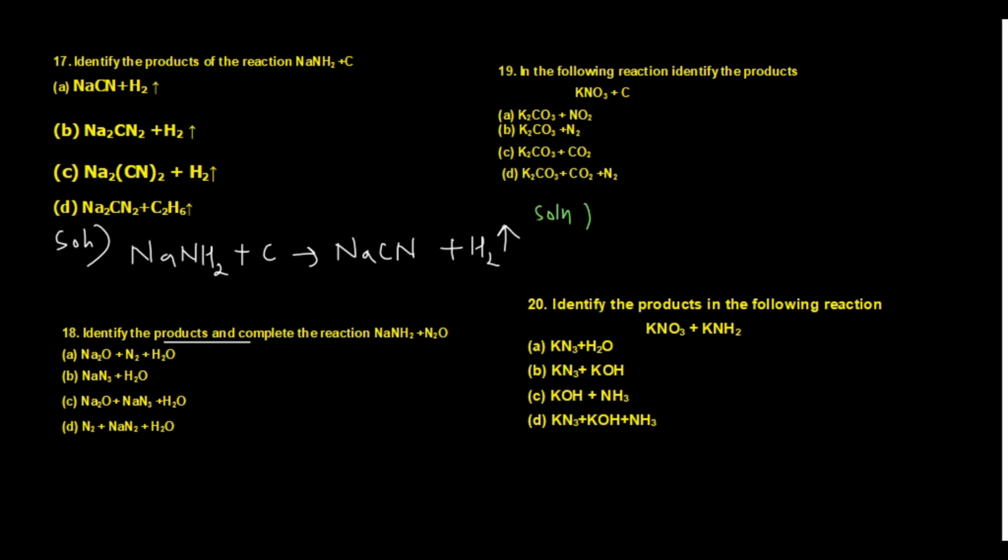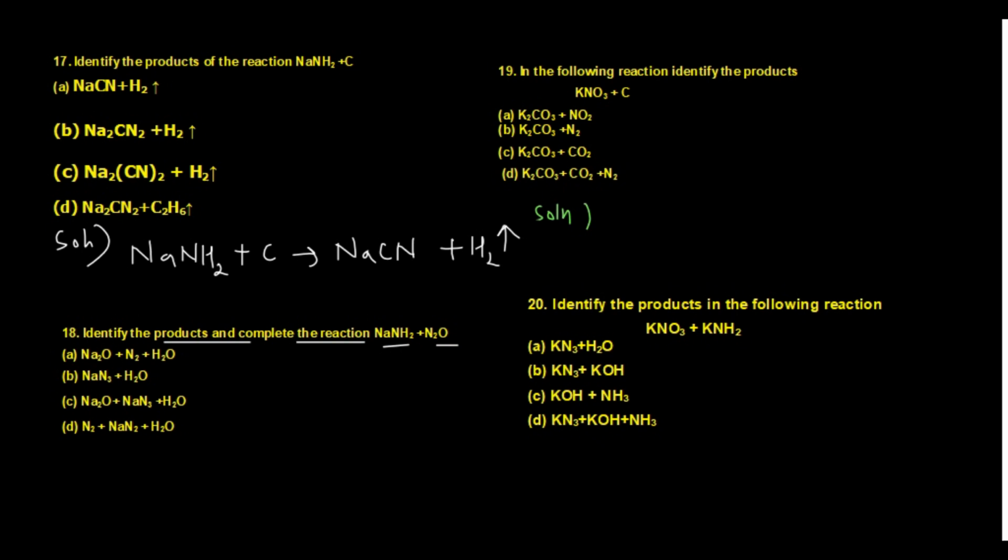Identify the products and complete the reaction. Again it is a very simple problem where your sodamide is reacting with the laughing gas, because the reaction of the sodamide is important. That's why you have encountered the same kind of problem twice. So I can write the reaction here.